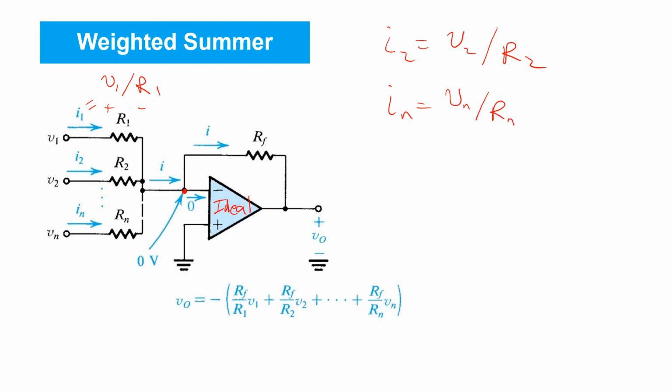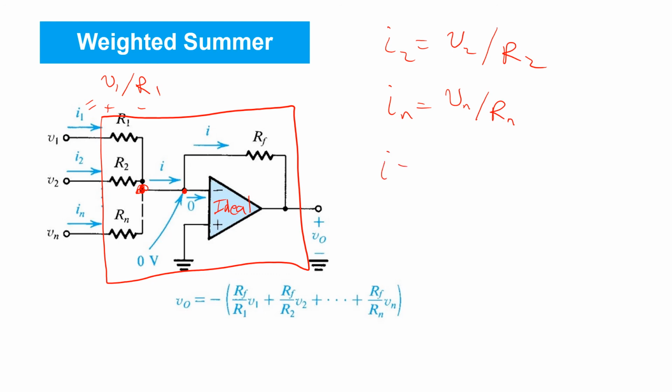So this configuration has multiple inputs, V1, V2, V3, all the way up to Vn, and produces one output, Vo. That is a weighted sum of all the inputs, because a nodal equation here reveals that the current I must be the sum of all those input currents, I1, I2, I3, and so on, all the way up to In.